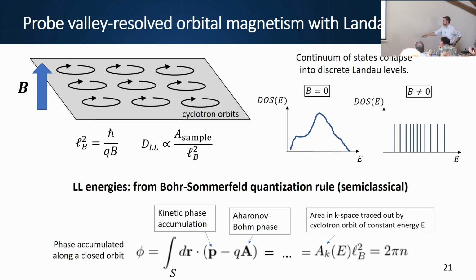Now, it turns out you can show that the phase accumulation as the electron goes around the orbit is equal to the area in k-space traced out by the cyclotron orbit at constant energy E. I'll explain this more in the next slide. Multiply that by l_B squared, and that has to be 2 pi n. So all this is saying is that the orbits have a phase change of 2 pi when they go around.